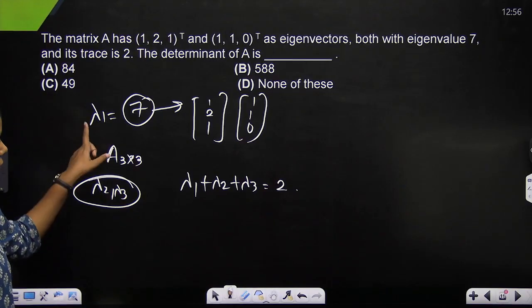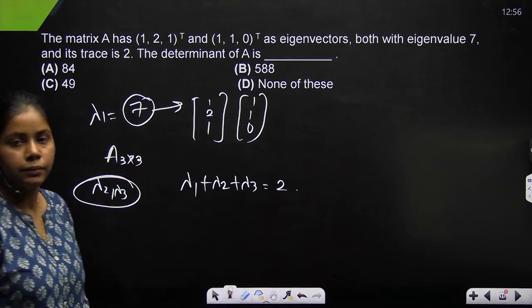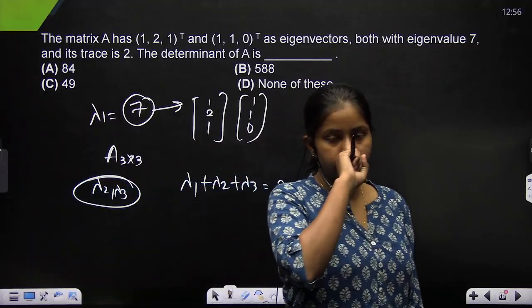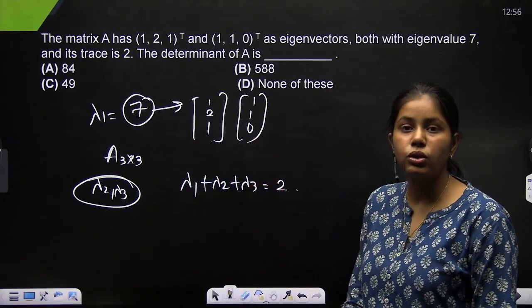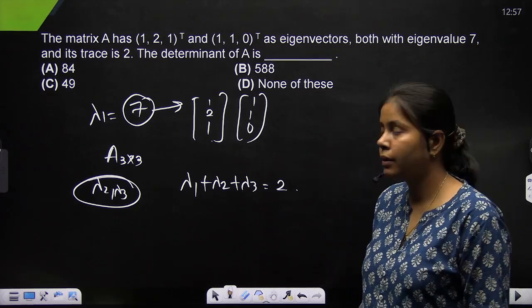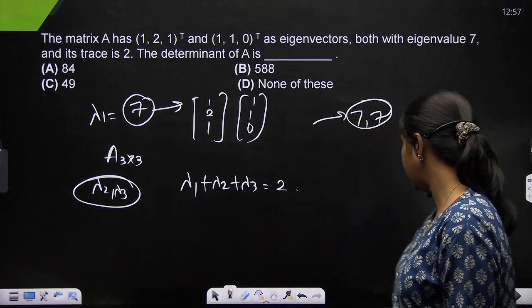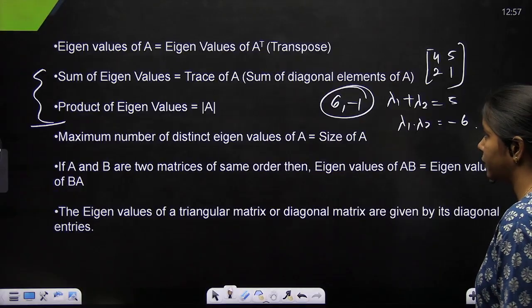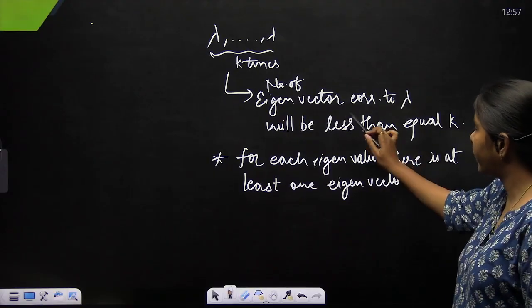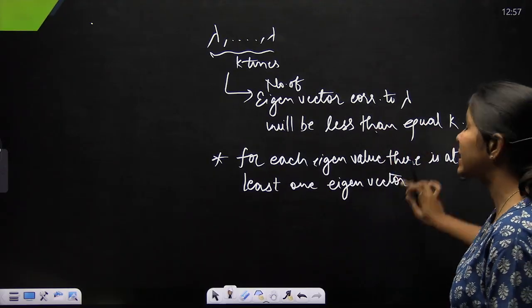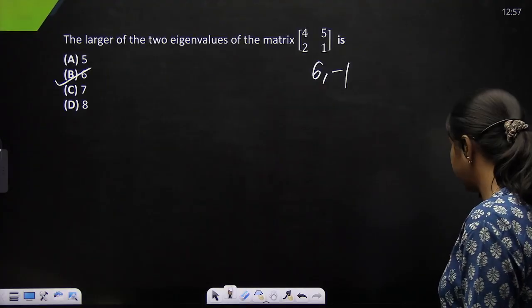One thing you can notice here is that corresponding to 7, I am getting 2 eigenvectors, this one and this one. So this eigenvalue must be repeated. I told you, in this first, where I have written, the number of eigenvectors corresponding to lambda will be less than or equal to k. Okay, so that means 7 would occur 2 times.